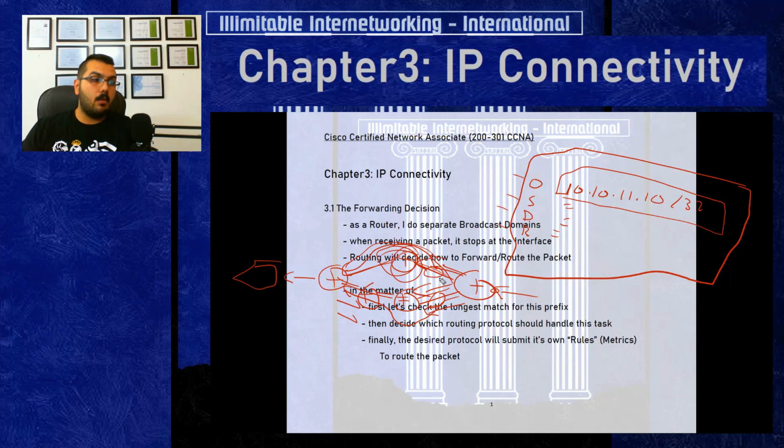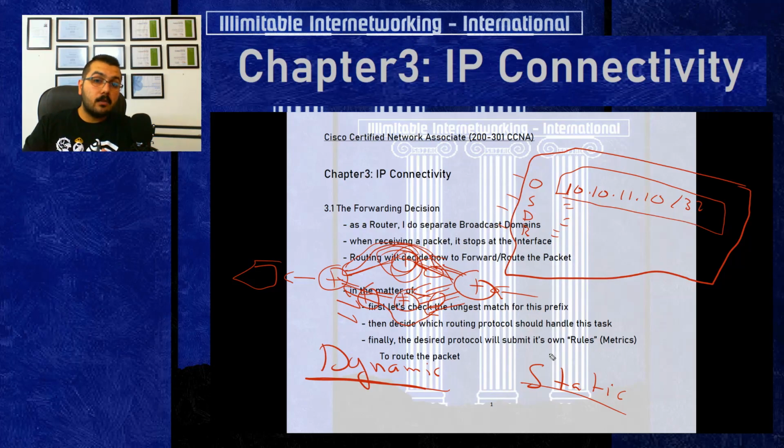Okay, but now you have this criteria of more than a single path, which one should I use, and all of this that we are talking about happens only with the dynamic routing protocols. Because in static routing, you by yourself assign and route the packet and the subnet or the prefix to a specific destination.